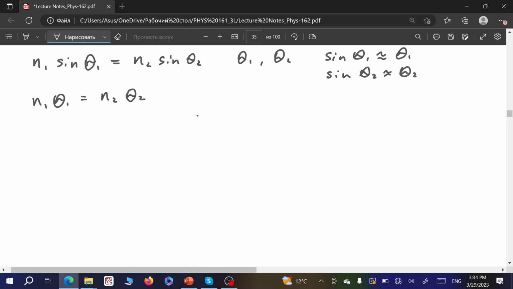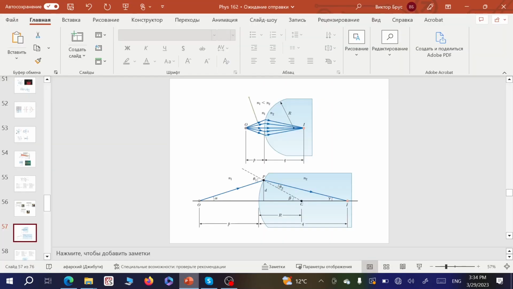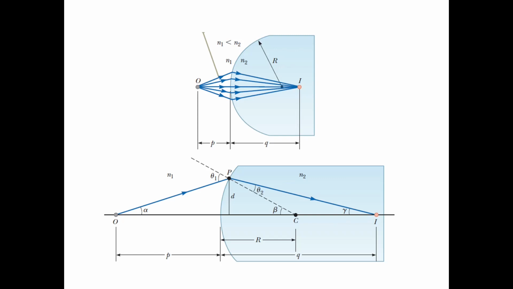And now what we want to do, let us come back again to the slide. We want to represent these angles θ1 and θ2 in terms of other angles, α, β, and γ. So how do we do this? We consider two triangles. So let me show them here.